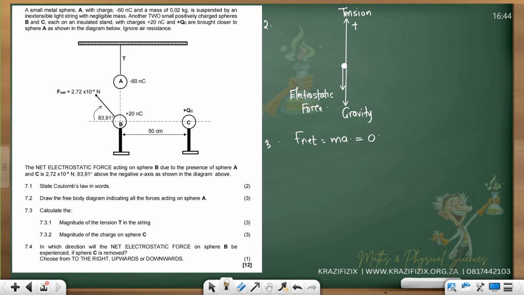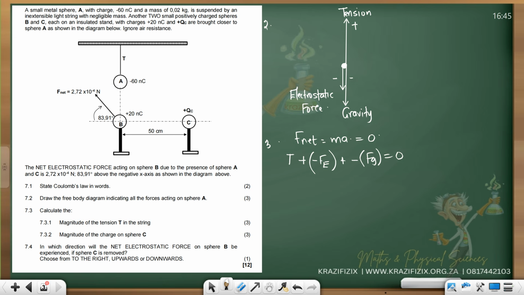If we keep this as positive, this as negative, it will be tension plus negative, let's call it electrostatic force, minus force of gravity. I think we know mg. The question is, what is the electrostatic force?